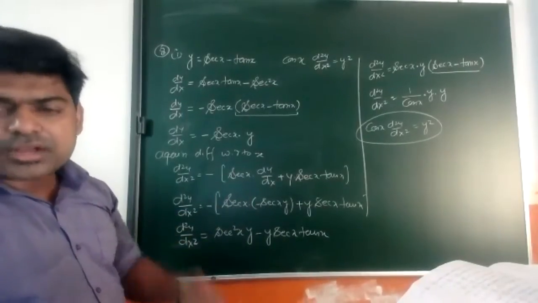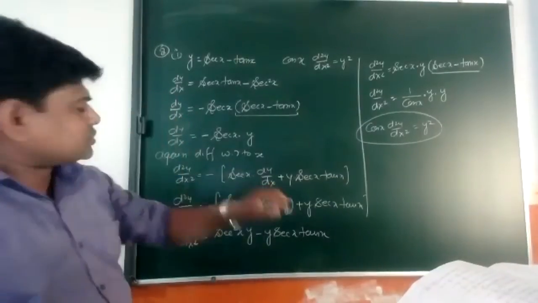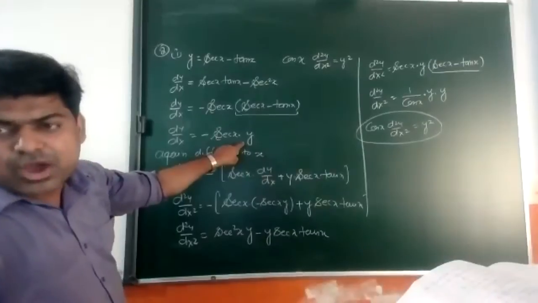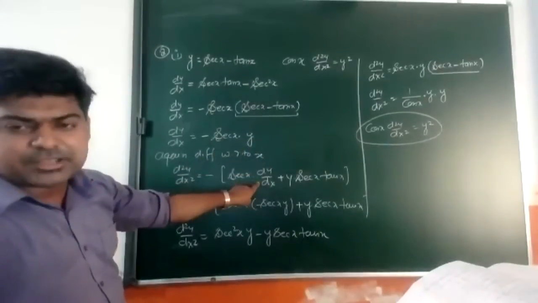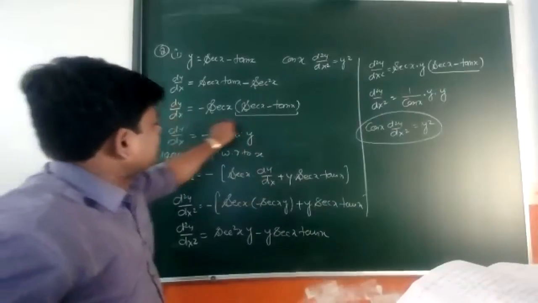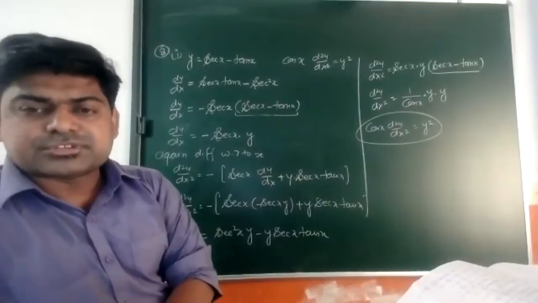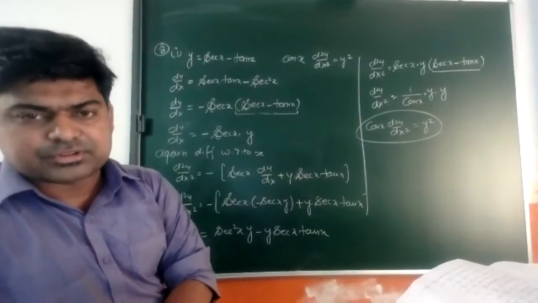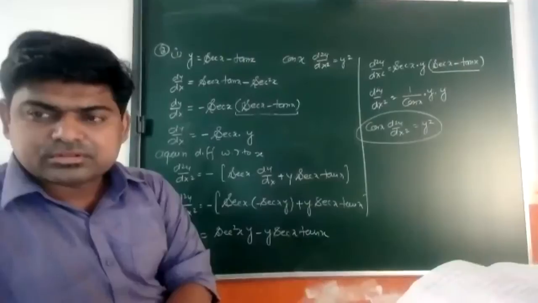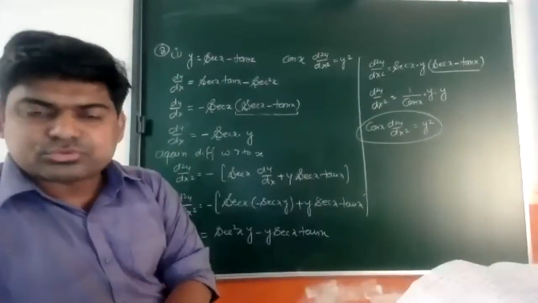Again, I am repeating myself. Directly we can do it, because when I put y here, we are getting dy by dx, and again we are putting the value of dy by dx here. If we differentiate directly, dy by dx will not come, and after simplification we can get our result. Any problem? Can I move to the next question?